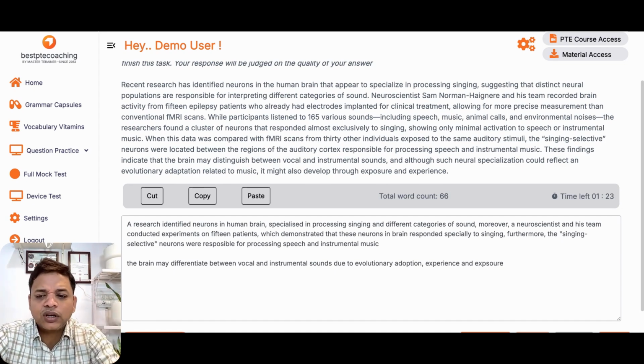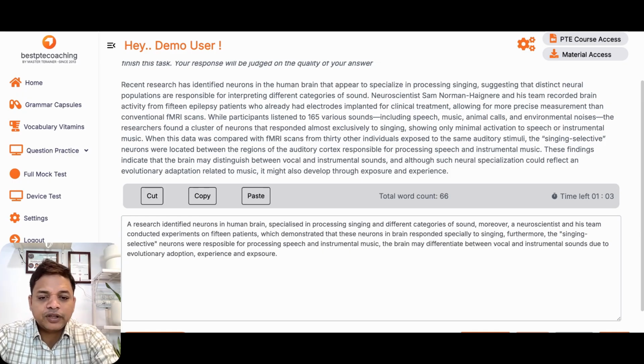Therefore, you use furthermore. And then the brain may differentiate between vocal and instrumental sounds due to evolutionary adoption, experience, and exposure. I just wanted to avoid repetition. So I wrote as well instrumental music due to evolutionary adoption, experience, and exposure. So this is the answer.